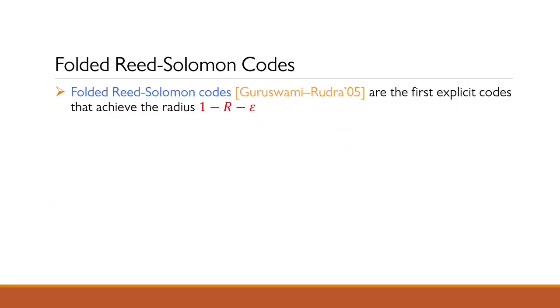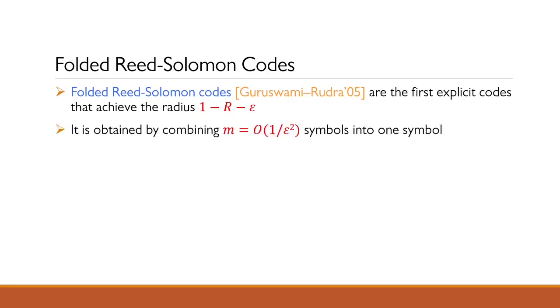And the first explicit list decodable codes that achieve the list decoding capacity were constructed by Guruswami and Rudra, known as the folded Reed-Solomon codes. A folded Reed-Solomon code is obtained by combining m symbols of a Reed-Solomon code into one symbol, where m is of order 1 over epsilon squared, and such a code is list decodable up to radius 1 minus R minus epsilon.